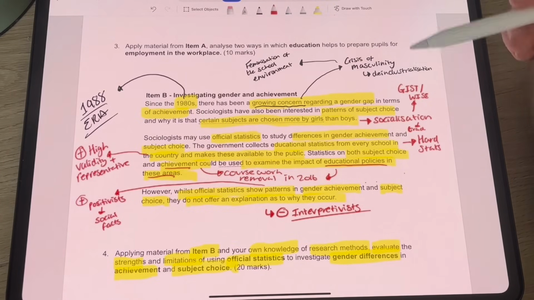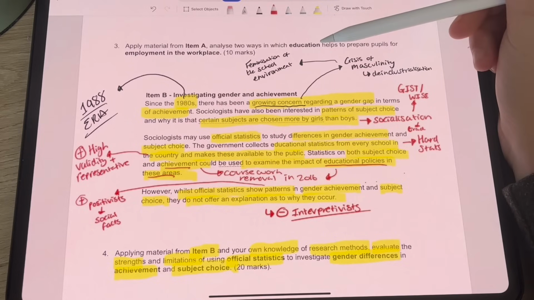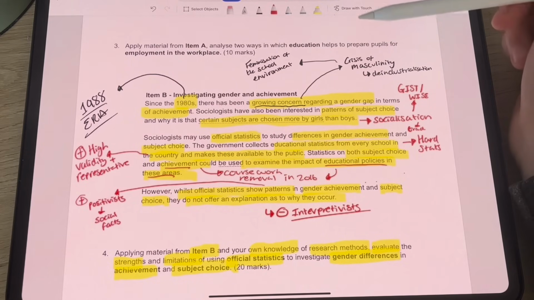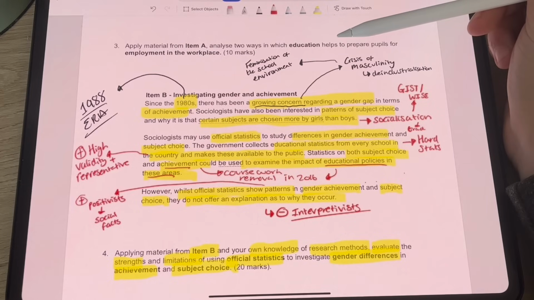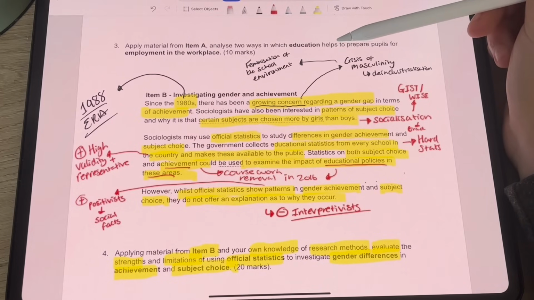So, we described crisis of masculinity, deindustrialisation. And what I was about to say is that you can link that to the feminisation of the school environment and crisis of masculinity. So basically what that is, is that there's a lack of male role models within schools for boys to look up to compared to girls.